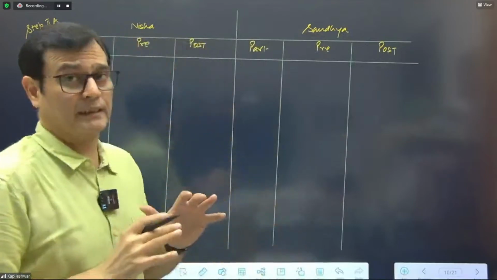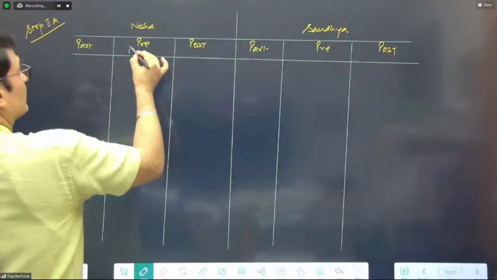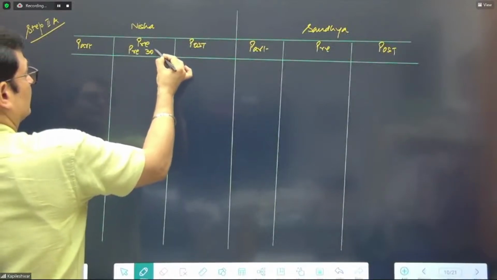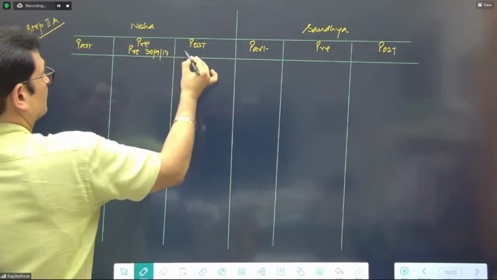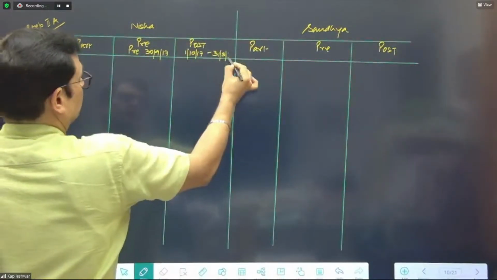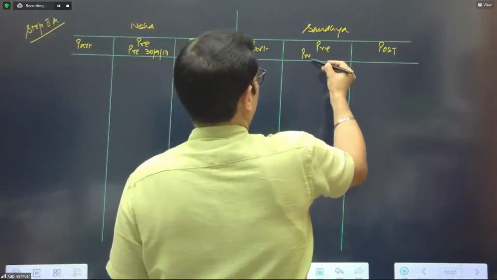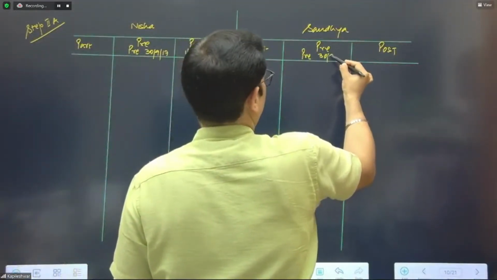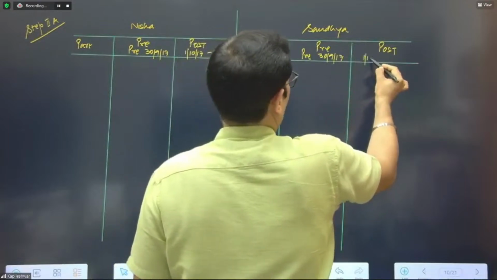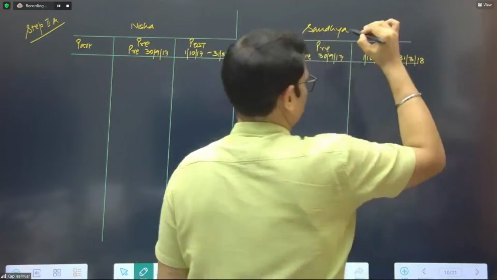So we're going to go systematically step by step. Let's define this. This is pre-30th September 17, and anything from 1st October 17 till March 18 is post. And here again, pre is up to 30th September 17, and from 1st October 17 till March 18 is post.